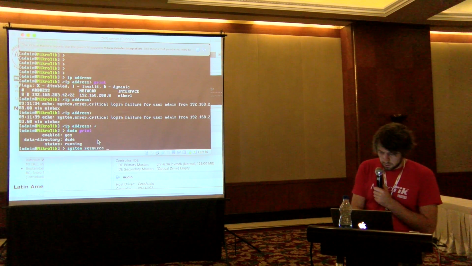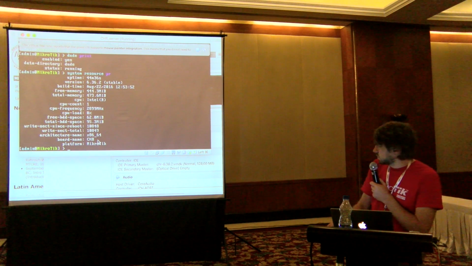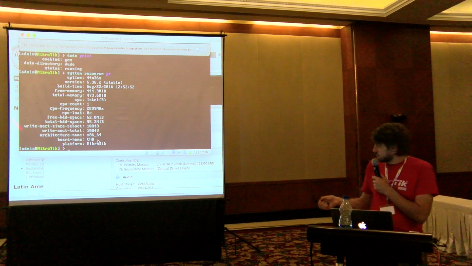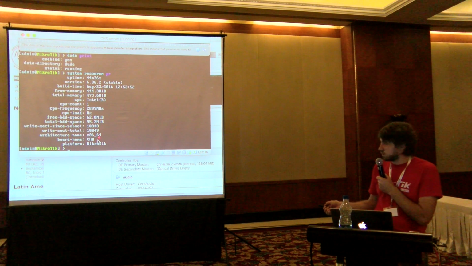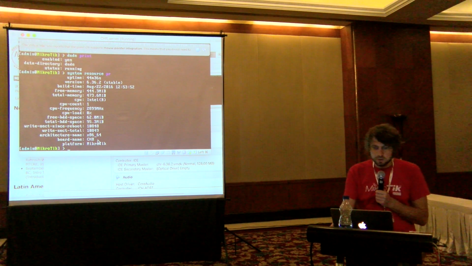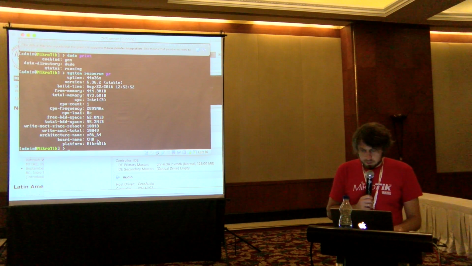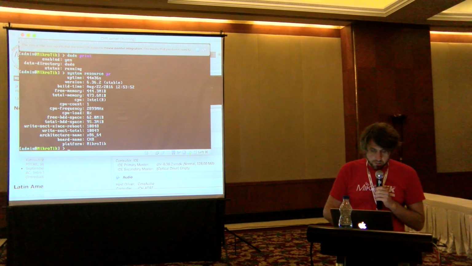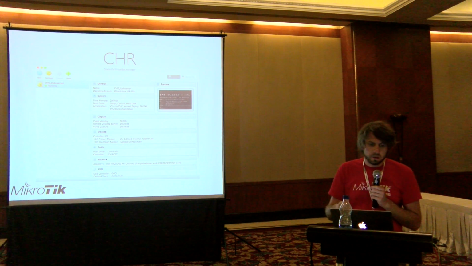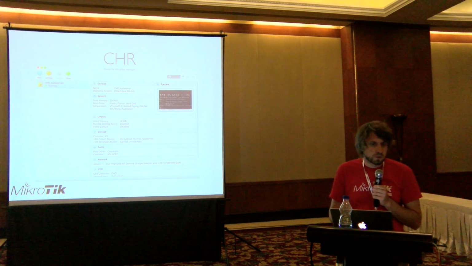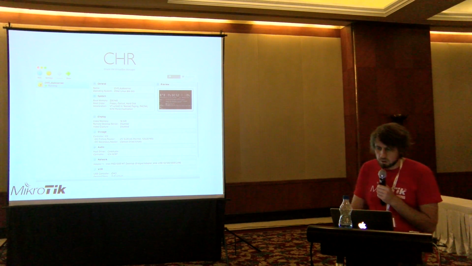We can see what is in the system. So you see it is a cloud-hosted router, 64 bits operating system, and yeah, I can use the Dude from here, like have the Dude server on my computer, even if it's not MikroTik RouterOS.